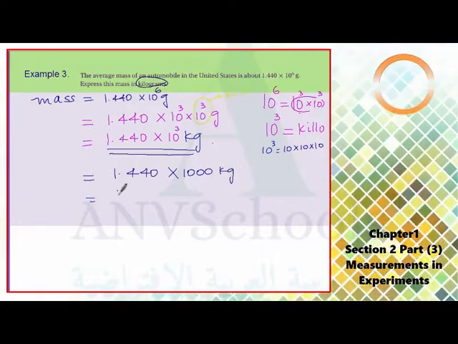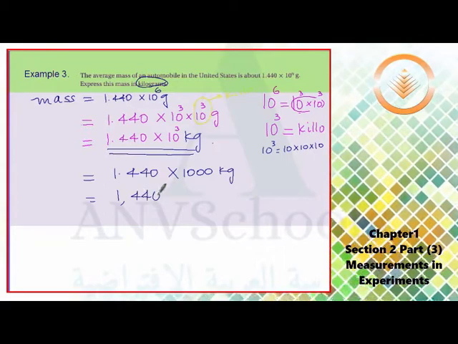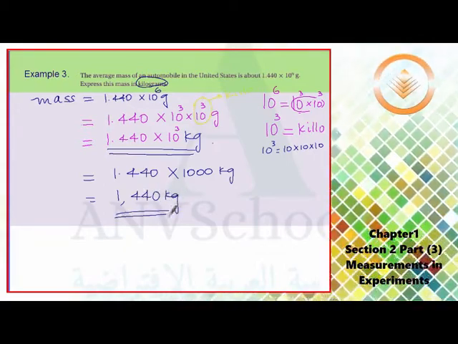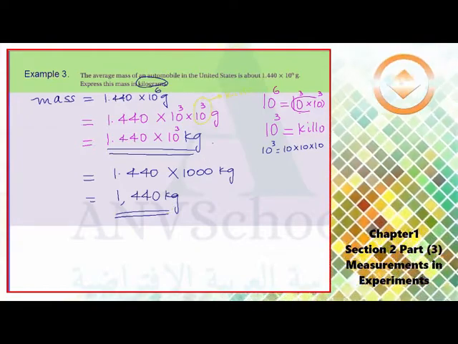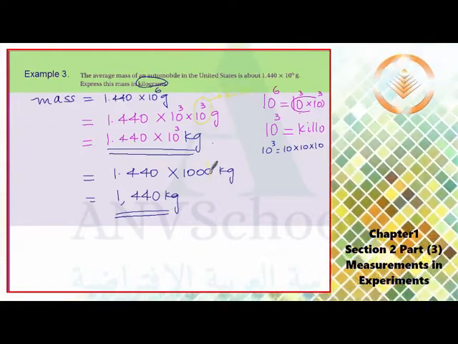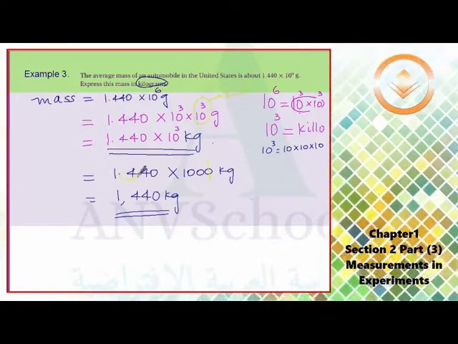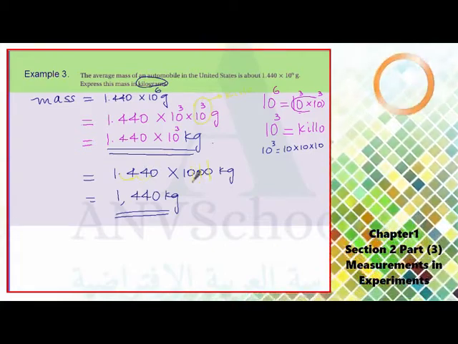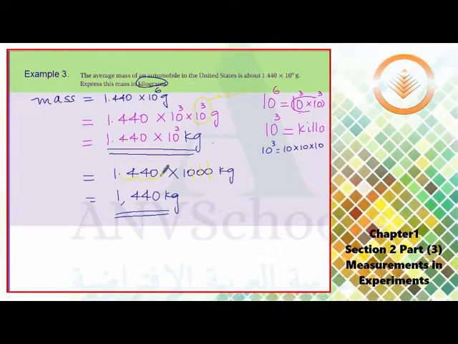So this will be 1440 kilograms. This is the mass of the automobile. Whenever you cancel a 0, the decimal point will move forward by 1 digit. When you cancel this one, it will be here. When you cancel this 0, it will be here. This is the mass of the automobile.